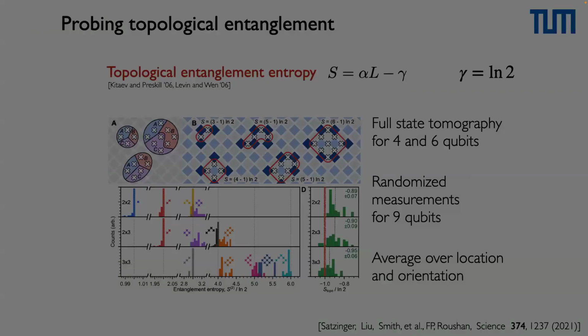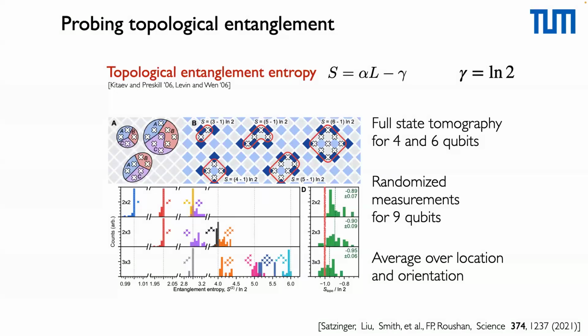Now that we have the ground state, we can look for different hallmarks of topological order. One, of course, is measuring the stabilizers and showing that we're actually realizing the ground state, but that might not necessarily tell us that the state has the expected long-range, or non-local, entanglement. In order to address this, we are now directly measuring the entanglement entropy, or rather the topological entanglement entropy.